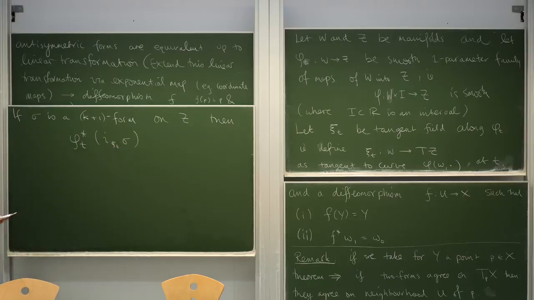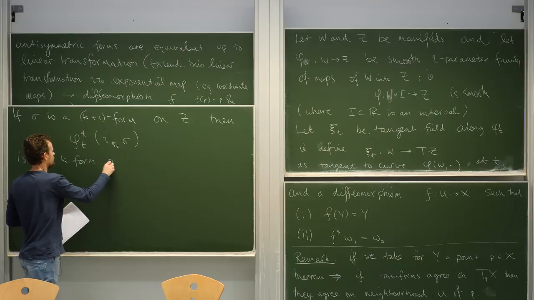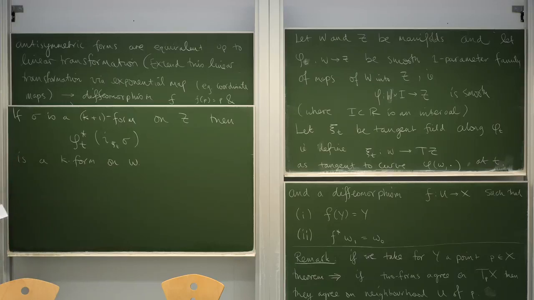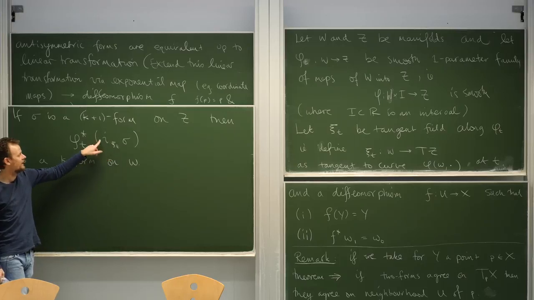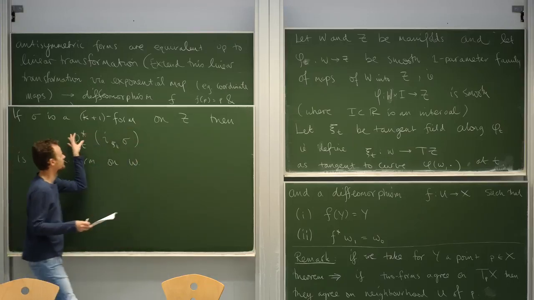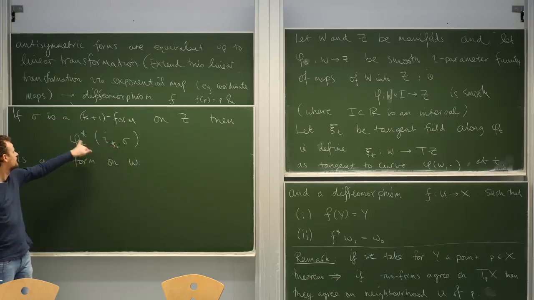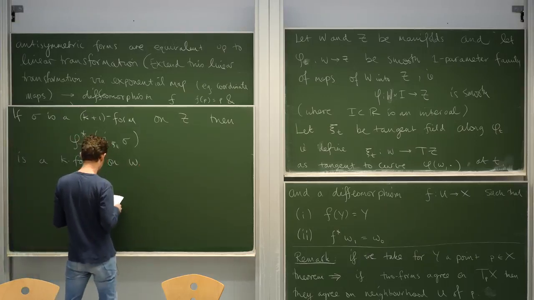That's something we can do. And what is it? Well, that's a k form on W. So even though this is not a proper vector field necessarily on Z, this certainly is a k form on W. This will turn out to be very important, this equation here, because this is exactly the construction we're going to use to build our diffeomorphism phi t, sorry, in the actual argument.